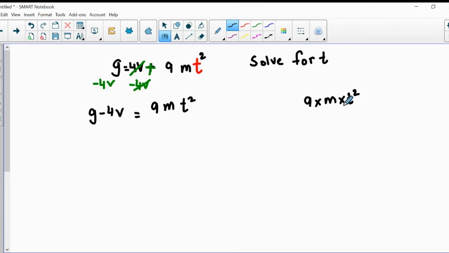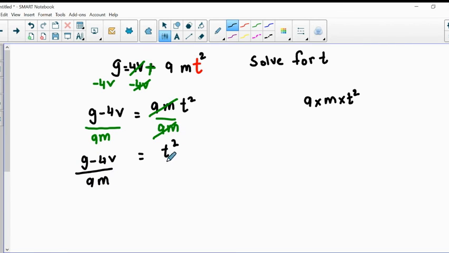I will do the opposite, which is divide. So divide both sides by 9m to get rid of 9m on the right side. That leaves me with t square equals g minus 4v over 9m.